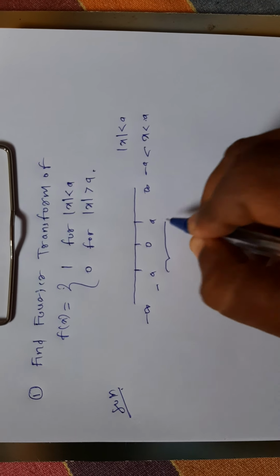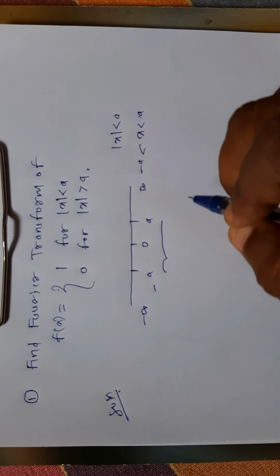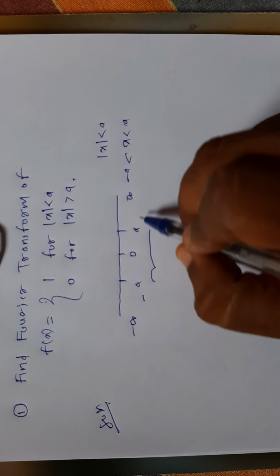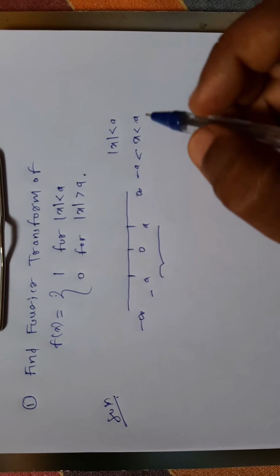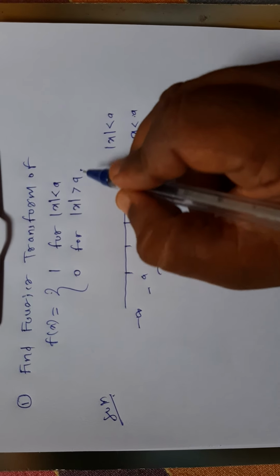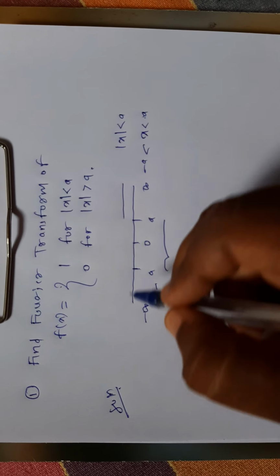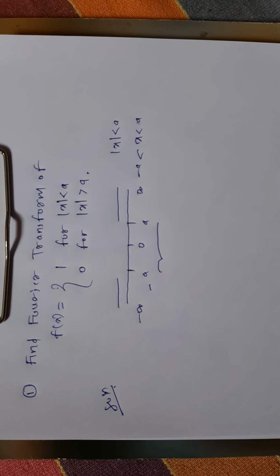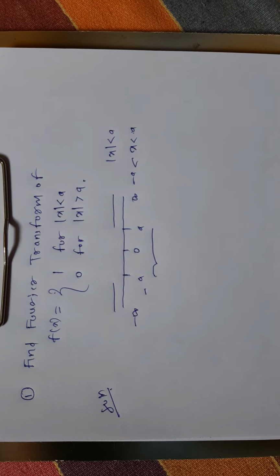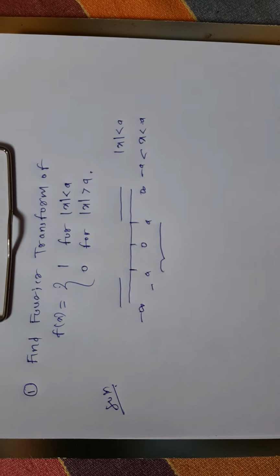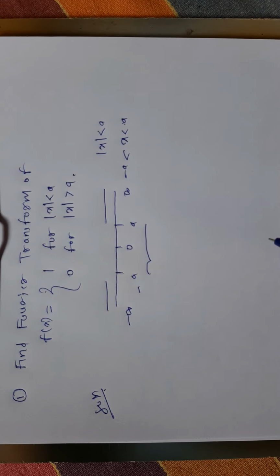So this is mod of x less than a. So there is 0, minus a to plus a, and mod of x greater than a indicates the range a to infinity and minus infinity to minus a. So now we'll take the solution.